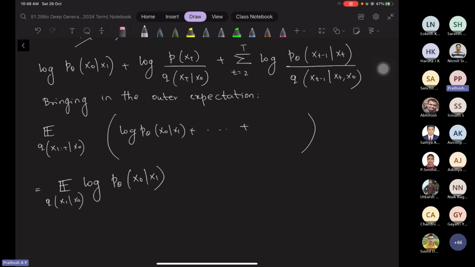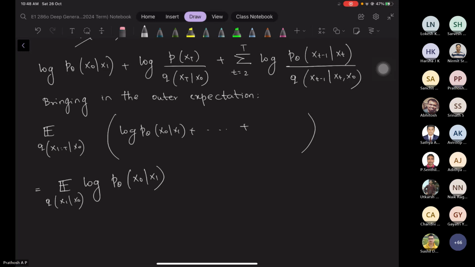While the outer expectation was with respect to q of x1 to T given x naught, since the functions that we have are only functions of x0 and x1, the outer expectation becomes with respect to x0 and x1. Is that okay?